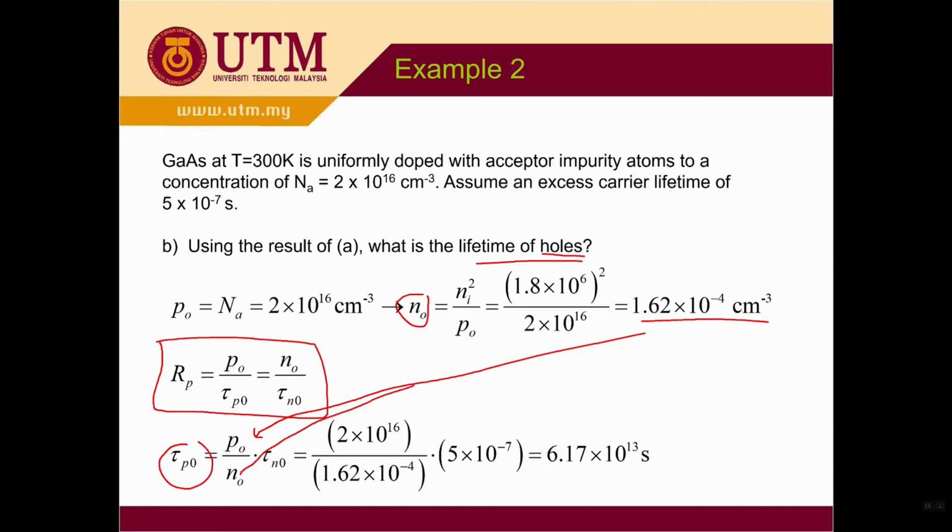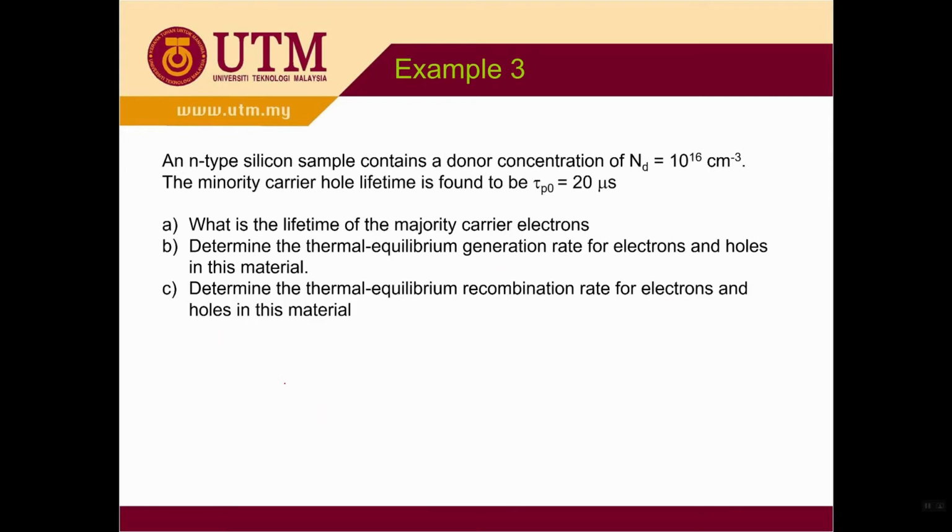This is going down here, and the top one is going for NO. You divide them and you multiply with the excess carrier lifetime, and you get this answer. So mainly it's just using this equation, make sure that you replace them with the correct variable.